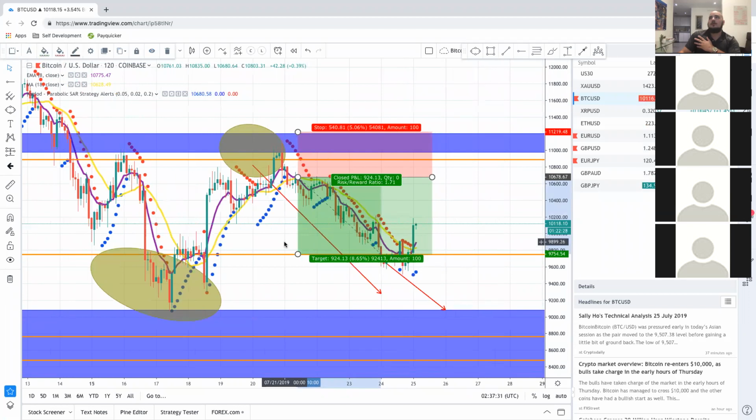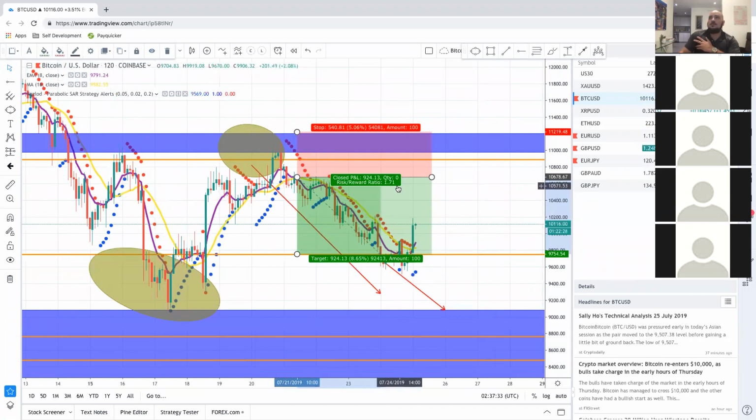Now, that's about 1 to 1 3/4 of a win to loss ratio. So that means I'm risking 540 pips to make 924 pips. And I'm going to tell you, it would be very hard for this thing to have hit my stop loss.